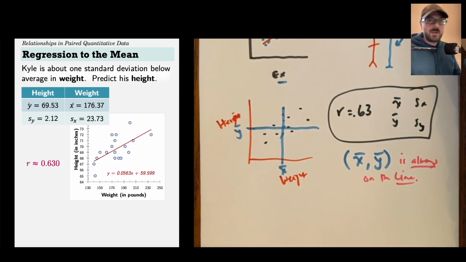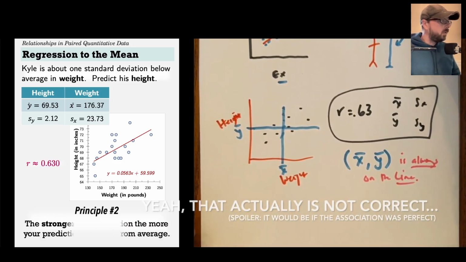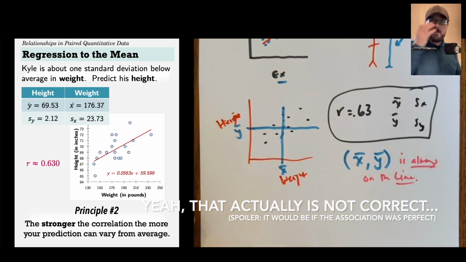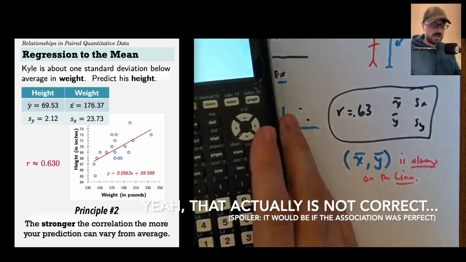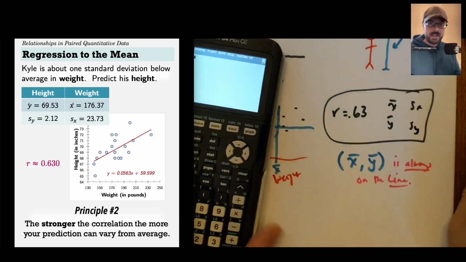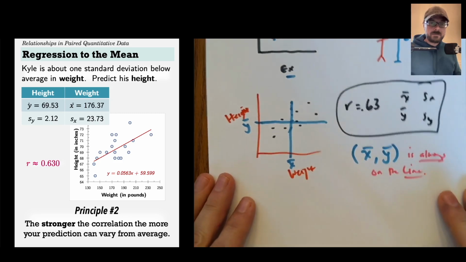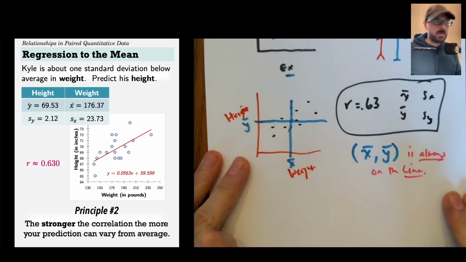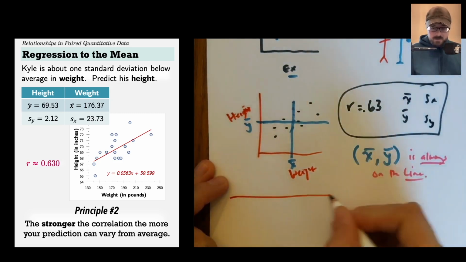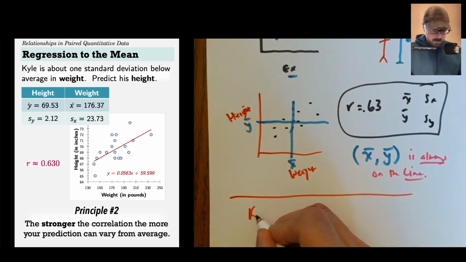Well, the correlation though isn't super strong. And remember that we should only make our guesses move away from average if there's a strong correlation. The stronger the correlation, the more our prediction can vary from average. Let's see what this line actually predicts. How much does Kyle weigh?